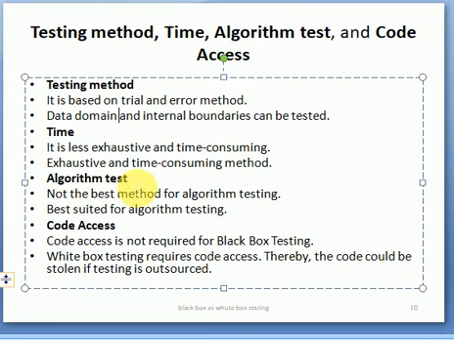Now let's see the algorithm test, in which we need the algorithmic test. In black box testing there is no need of any algorithmic test, but while you are using white box testing there is a need of algorithm testing during the writing of the code.